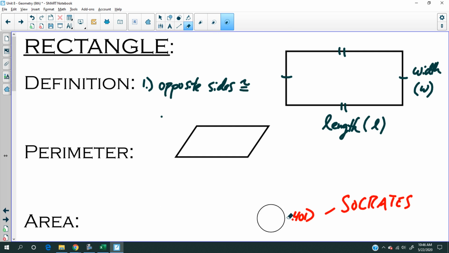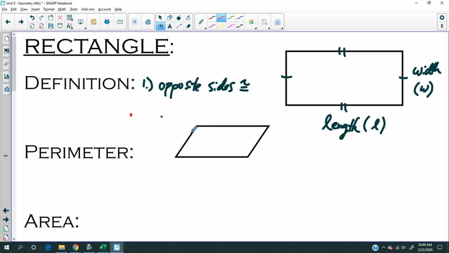let's move on. If Socrates was your math teacher, what would he ask you? He would say, hey, look, you just said that the opposite sides are congruent. All these opposite sides, they're congruent, right? How come this is not a rectangle?